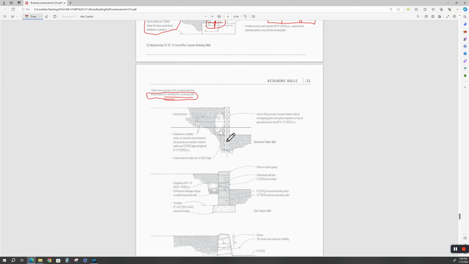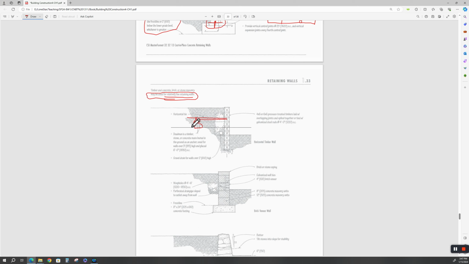You're going to have to drill through them, and you're going to have to tie them together, screw them together, nail them together, whatever. And you're going to have to hold this wall back with a dead man. Okay, that's buried back in here, and hopefully this horizontal tie is designed back to these dead men properly.